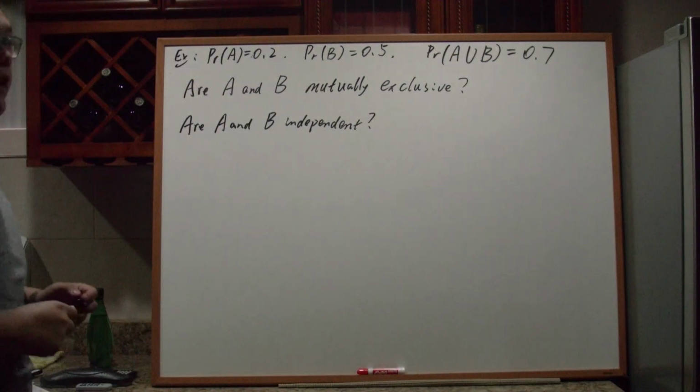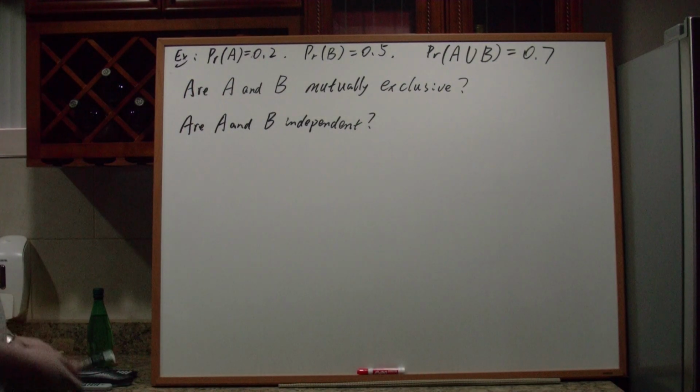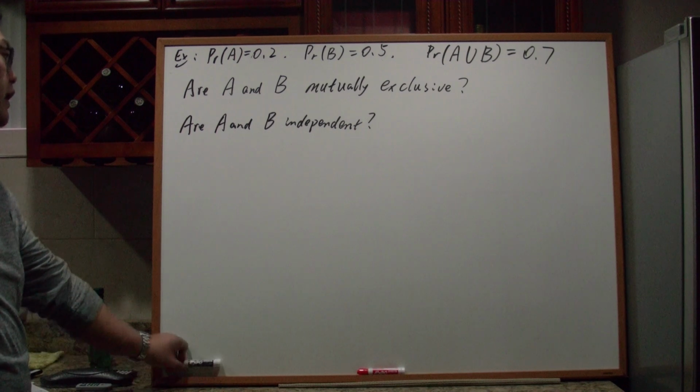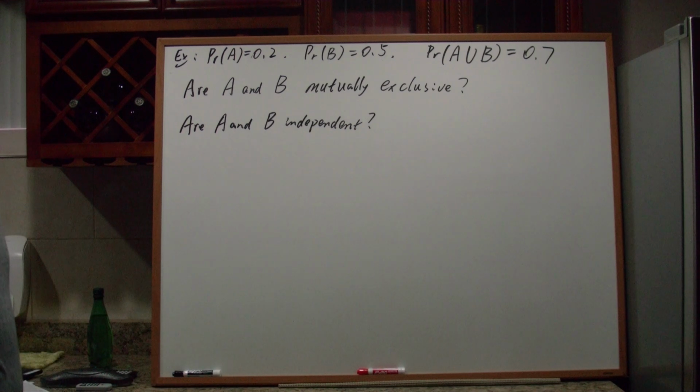Are A and B mutually exclusive? And the second question asking, are they independent? For both of them, they're still looking for the intersection.